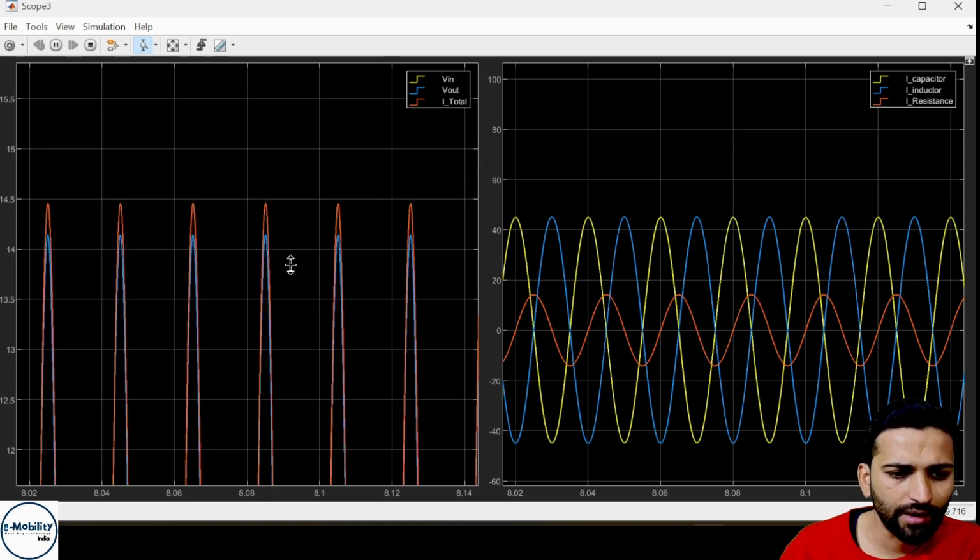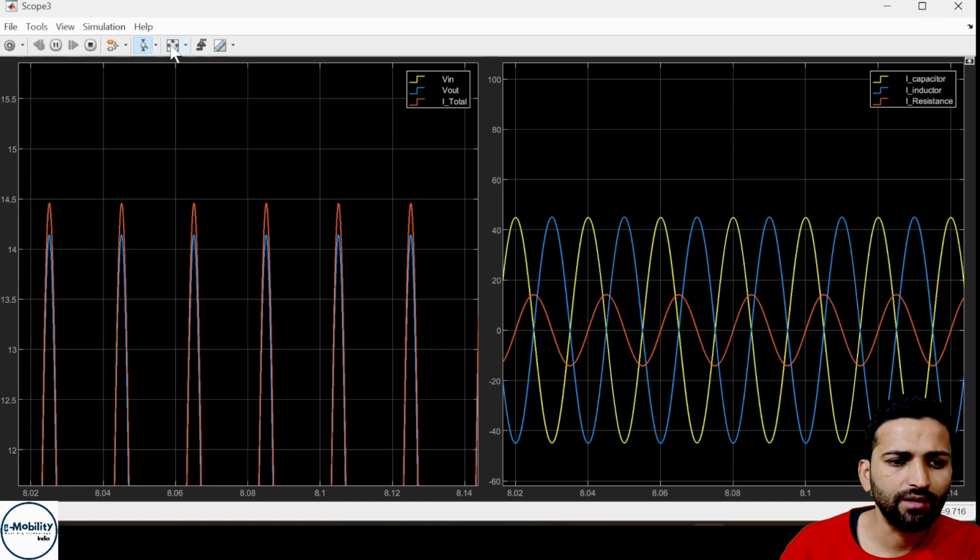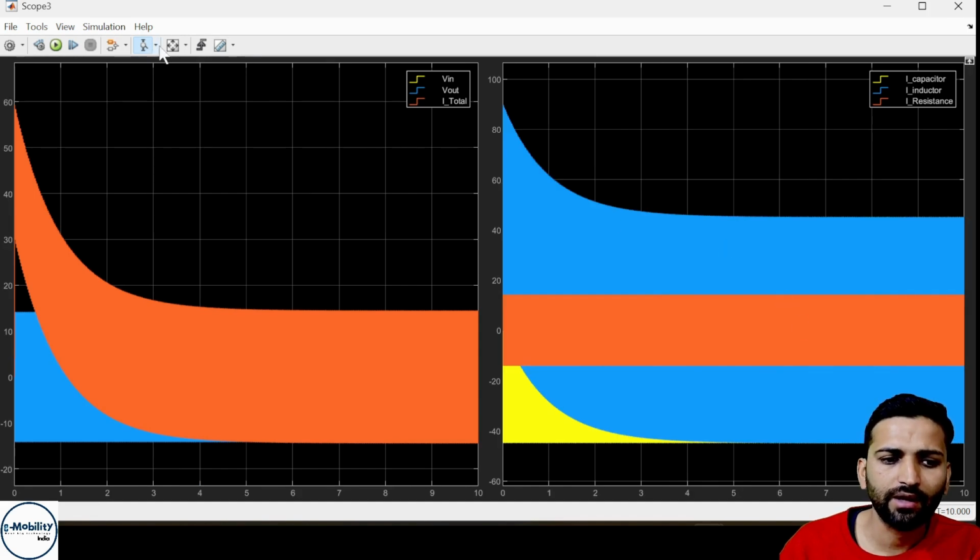You can see slightly that blue is also shading this region. So there is no phase difference between the current and the voltage, and the circuit is behaving as a pure resistive circuit. Here you can also see the resistive current in red on the right-hand side, and the inductor current and the capacitor current are exactly cancelling out each other.